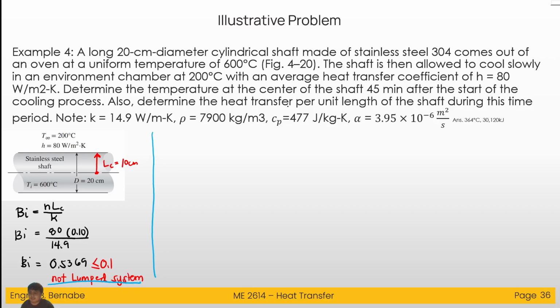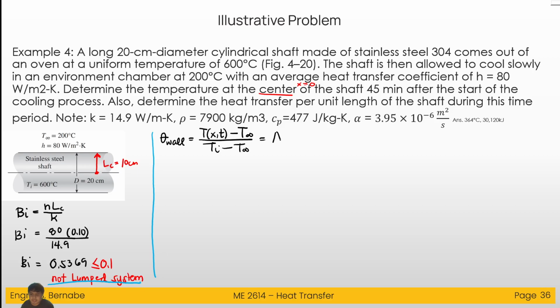To find the temperature, we need to find the temperature at the center. At the center, x is equal to 0. So to find the temperature, T of x,t, let me just write this down. Which is equal to what?